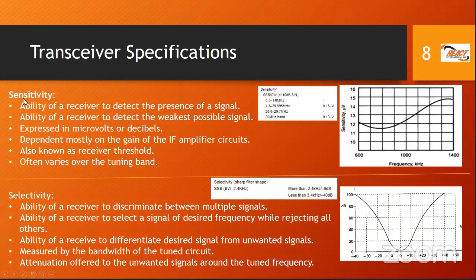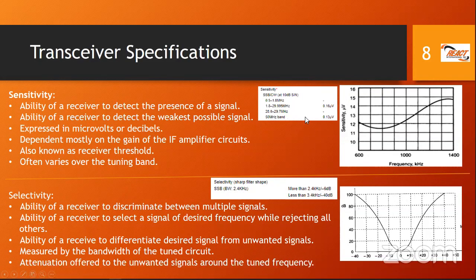Sensitivity, again, the word sensitive, but sensitivity is one of those specifications. And it refers to the ability of a receiver. So we are talking about a transceiver, but we are referring to the receive section of the transceiver. So the ability of the receiver to detect the presence of a signal. That is the sensitivity. So if a radio is not sensitive, it may not detect the presence of a signal.